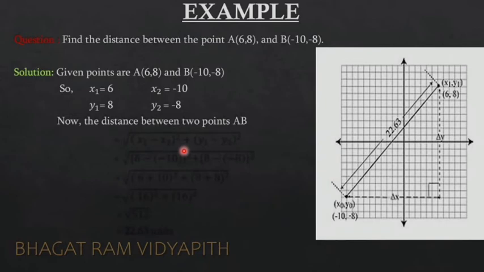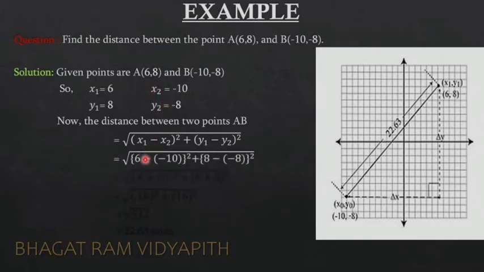The distance between the two points AB is equal to root over (x1 minus x2) squared plus (y1 minus y2) squared. Let us substitute the values of x1, x2, y1 and y2. We get 6 minus x2, which is -10, so minus of minus 10, squared, plus 8, which is y1, minus y2, which is -8.